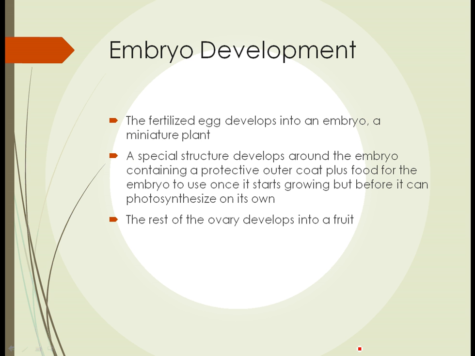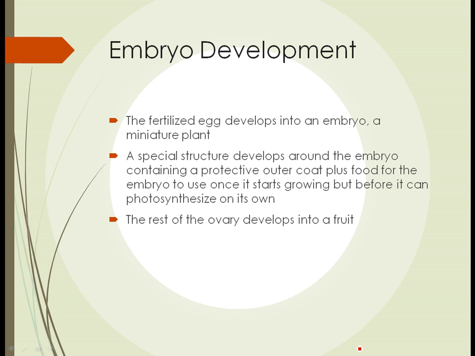Around that miniature plant, a structure develops called the seed coat, which will protect the embryo when it's separated from the ovary. And inside that seed coat, the plant develops food that will nourish that embryo.